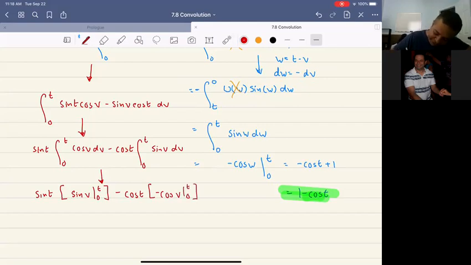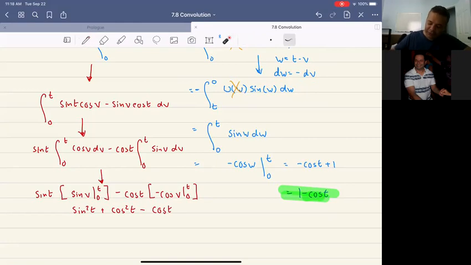So we get sine squared of t. Sine of 0 is 0, so I don't have to worry about that. Plus cosine squared of t minus cosine of t.